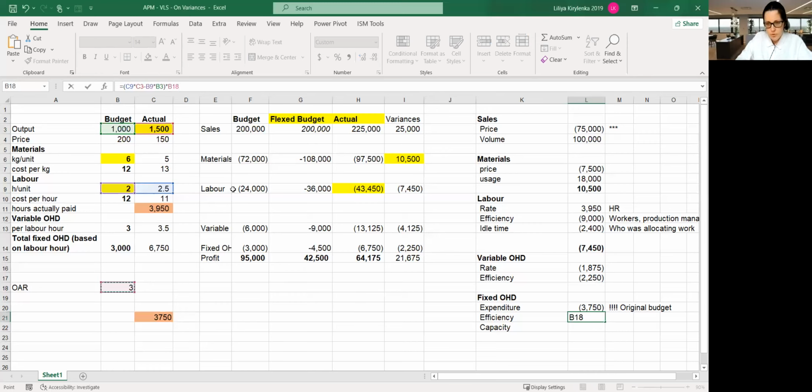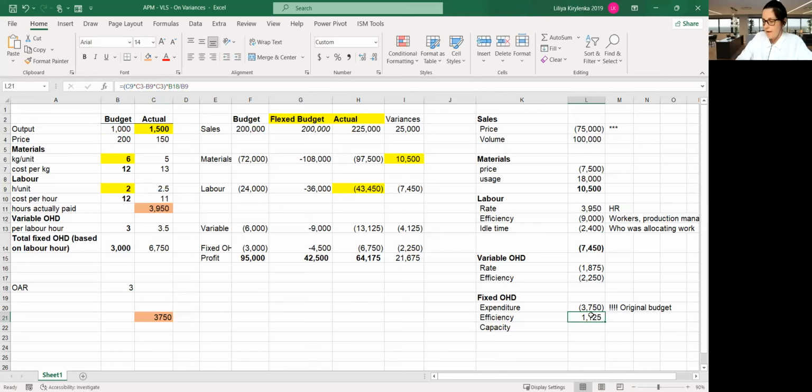And overhead absorption rate is here per unit. Oh, and we need to make that per labor hour, of course. Okay. And what is wrong with my labor hour? I found the difference in units. Okay. Hold on a second. I will change first. Make sure that I will correlate.